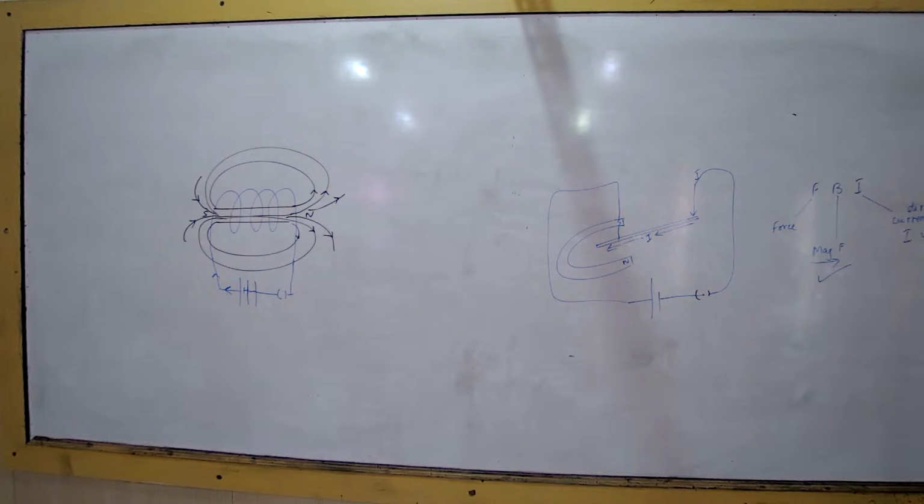How will you stretch it? Start from there. Finger and middle finger of the left hand such that they are perpendicular to each other. And thumb gives direction of... That is very important. And forefinger gives magnetic field. The central finger gives the induced current.